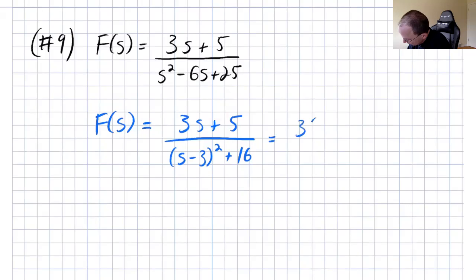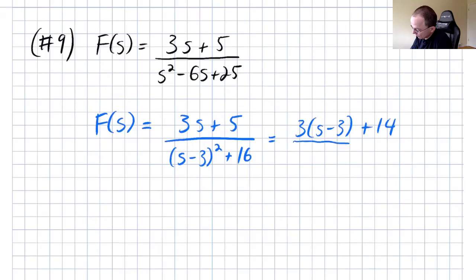So imagine that we replace this s with s minus 3. Now we have 3s, which is there, and we also have minus 9. And what we need in the end is plus 5. So what do we add to minus 9 in order to get plus 5? That would be 14.